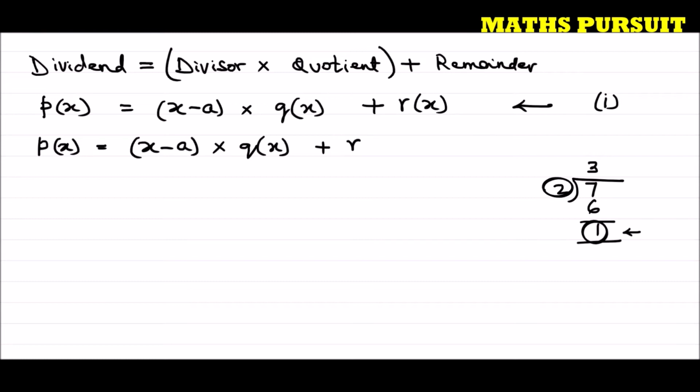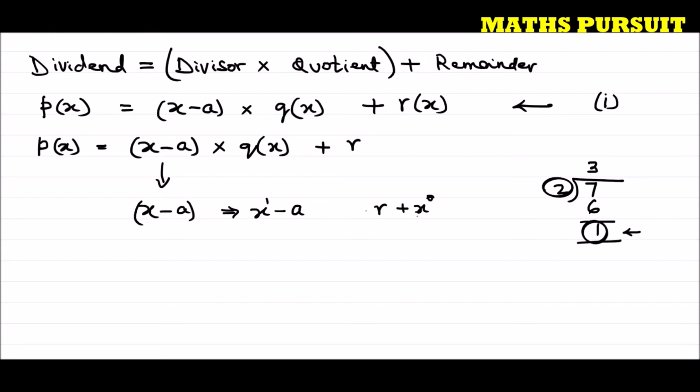Now if this is less than the divisor, how did it happen? Here our divisor is x minus a. x minus a is like x to the power 1 minus a. That means our remainder is only a constant. How is it only a constant? Because it is r times x to the power 0.